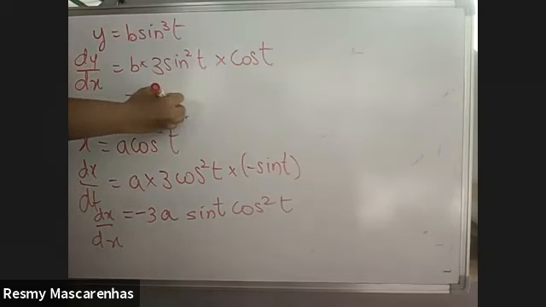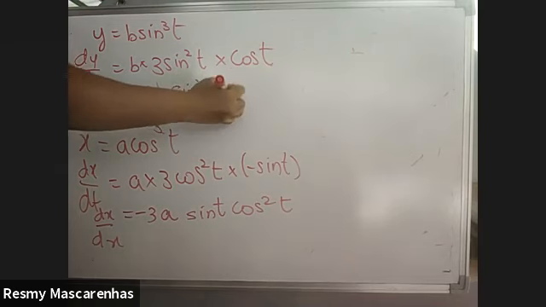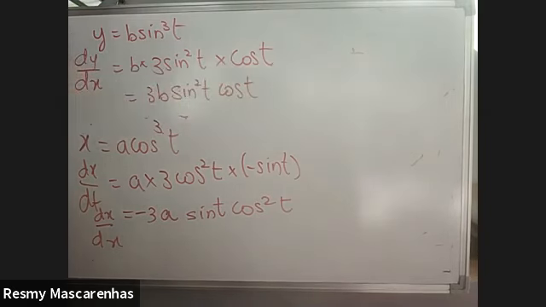So this answer will be 3b sin square t cos t. And then divide both the answers and you will get dy by dx. So find dy by dx: second answer upon first answer.